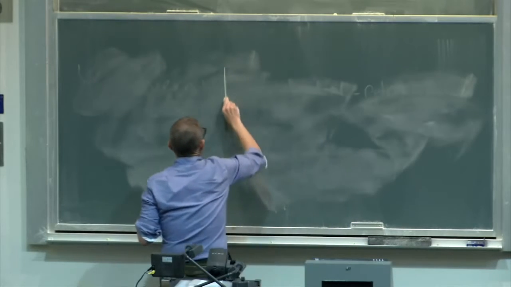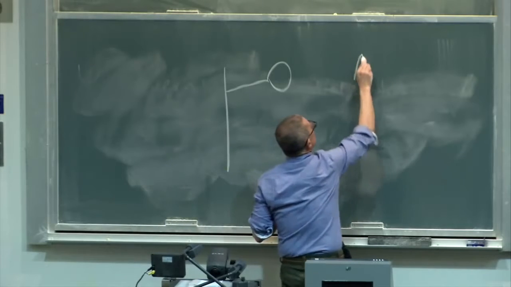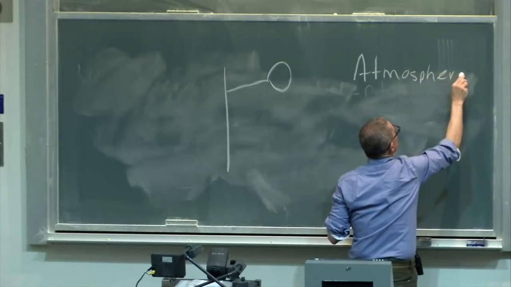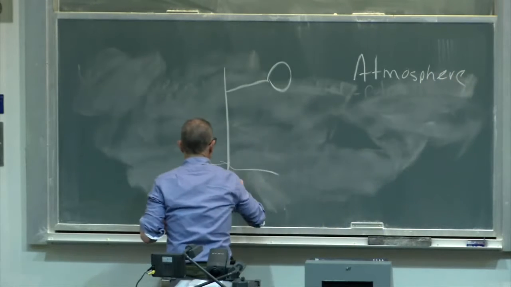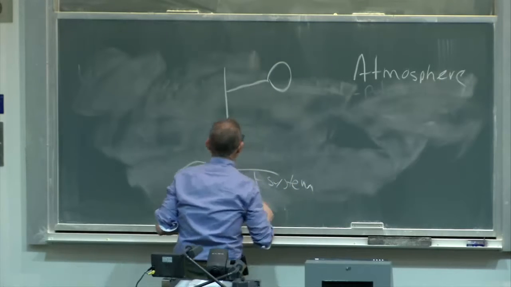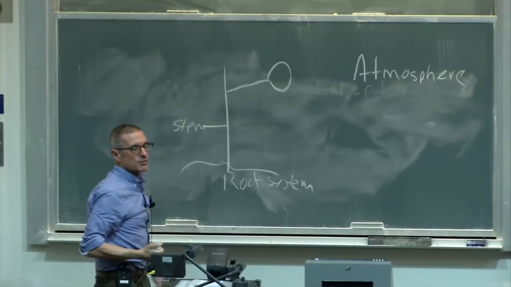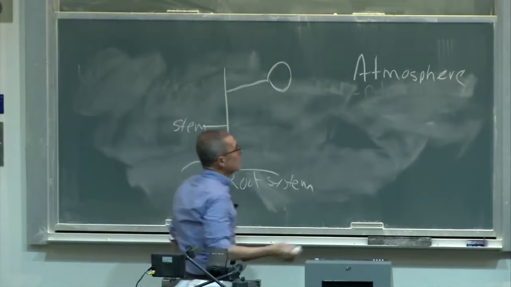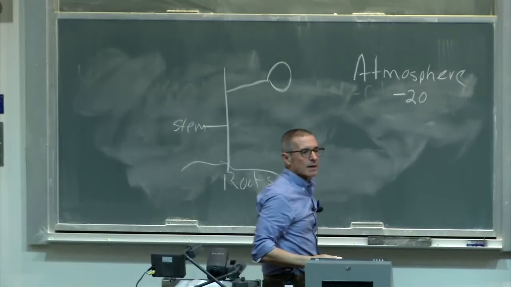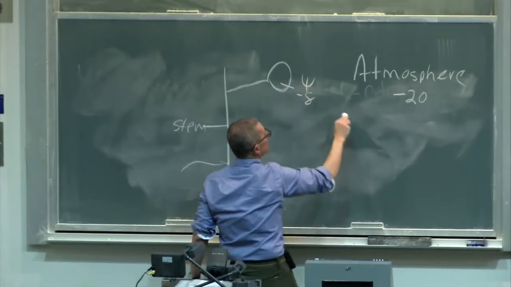And those elements were the stem, the leaf, although not directly an element of the plumbing system, the atmosphere, the root system, and this was the stem. And we gave you some numbers for this particular example. I can't remember exactly, I think I said the atmosphere was -20, and the leaf was about -8 as far as water potential.